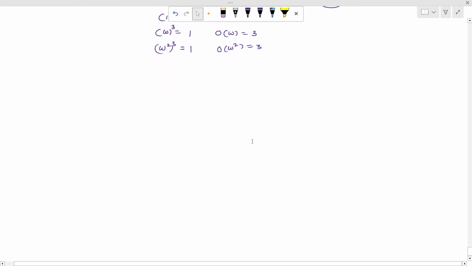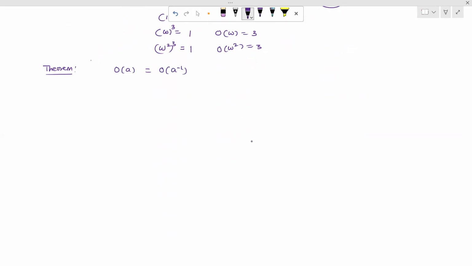Now we have a very important theorem: the order of A is the same as the order of A inverse. We shall prove that order of A is equal to order of A inverse.